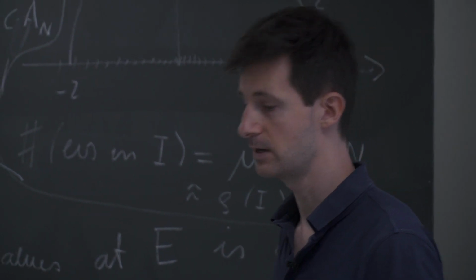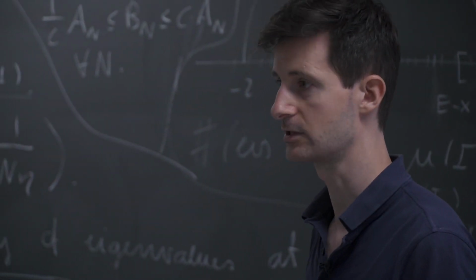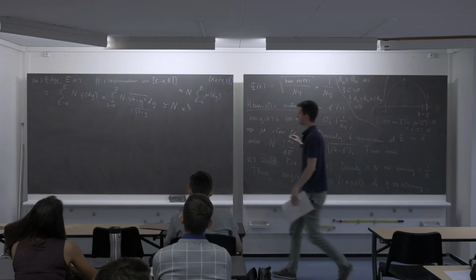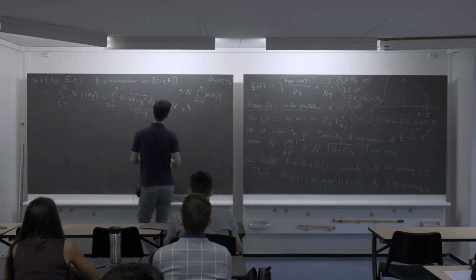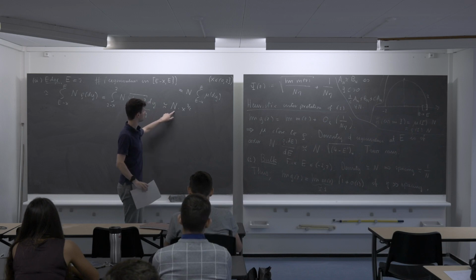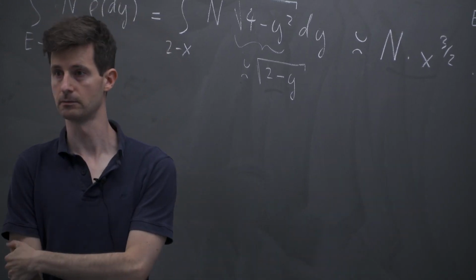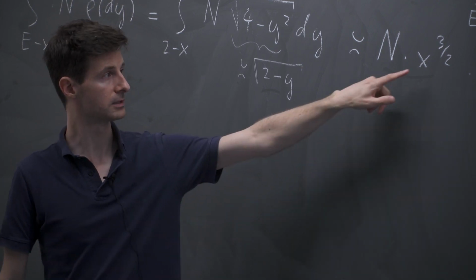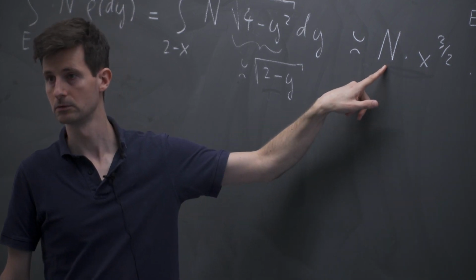So where is the first eigenvalue going to be located? It's going to be located when this number reaches 1, right? The second eigenvalue is going to be located at the x when this number is equal to 2, right?